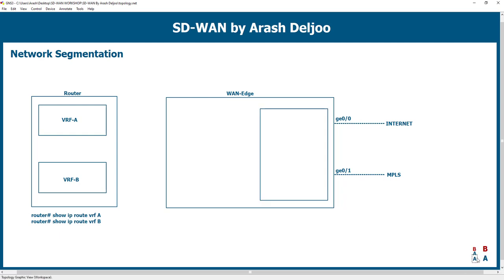We name it VPN 0, a reserved VPN in SD-WAN. VPN 0 is always connected to the overlay or to the transports. These interfaces, GE00 and GE01, by default are in VPN 0 and connect to the transport.